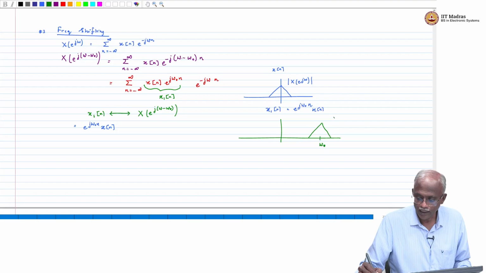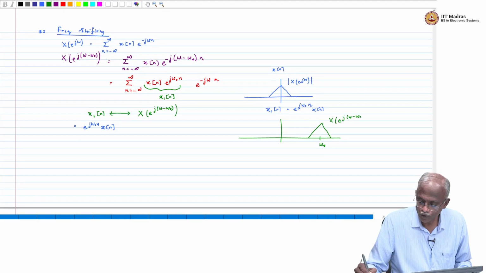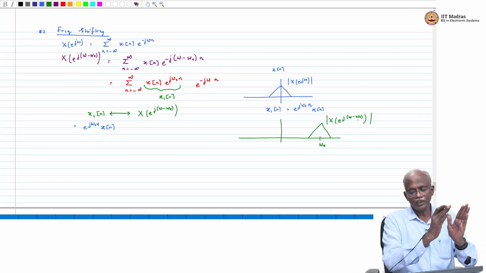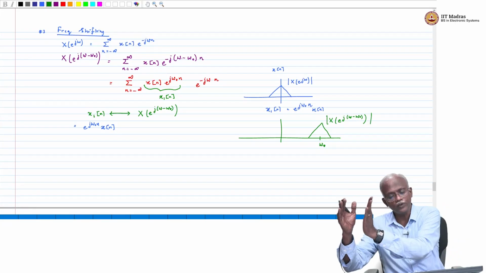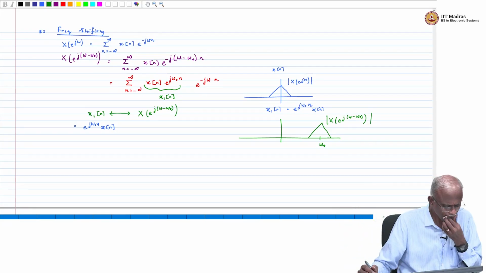This is the magnitude of X(e^{j(ω-ω0)}). So the spectrum gets shifted over by ω0.